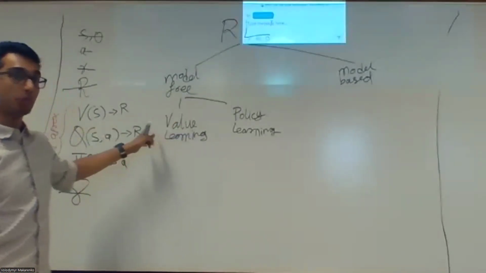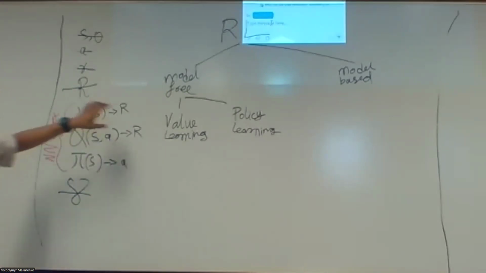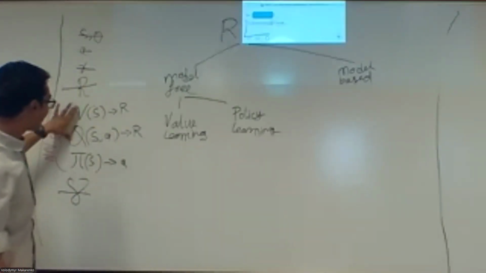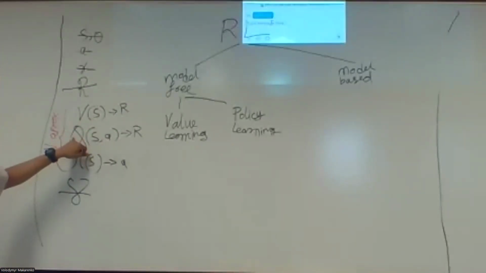In value learning, we focus on learning approximations for the V function and Q function. Once we have that, the policy is determined by taking the action which leads to the most value.